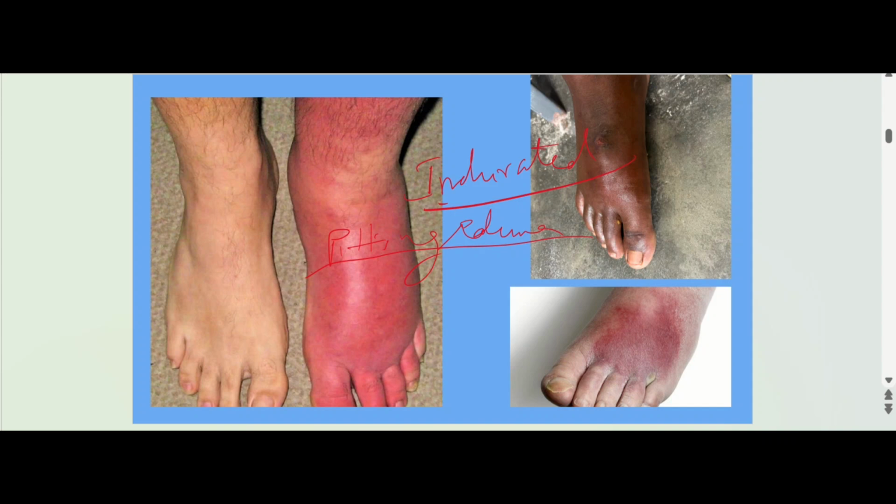The second picture is also cellulitis of the lower limb, but here you can clearly see there's a trivial trauma. Some prick or some trivial trauma was there, and following the injury, the limb gradually became swollen.